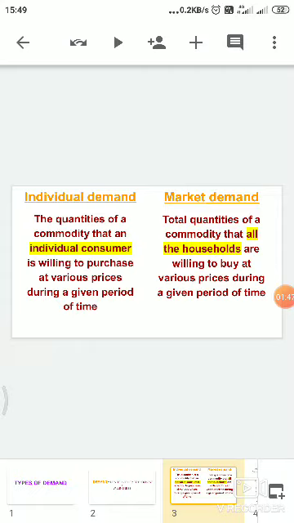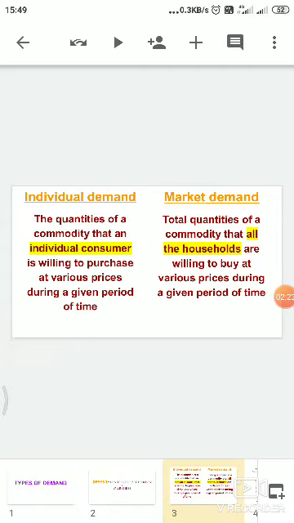And market demand refers to total quantities of a commodity that all the households are willing to buy at various prices during a given period of time. Now you can see I have highlighted these words. Individual consumer, that means one consumer. This is also referred to as a household in economics. And market demand means that all the households which are present in the market, the demand of all the households together is called the market demand.